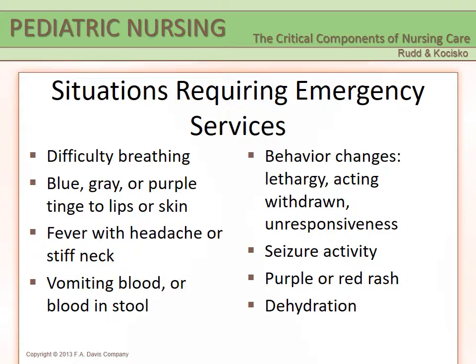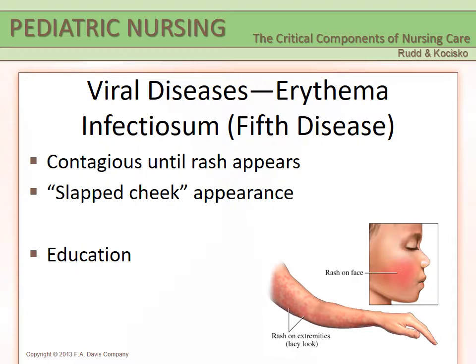This is based off of communicable disease itself, or maybe a reaction to a vaccine, so difficulty breathing, blue, gray, purple tinge to the lips. You can read through it and see all that would require emergency services. They're pretty self-explanatory. The first viral disease we're going to talk about, erythema infectiosum, which is fifth disease.